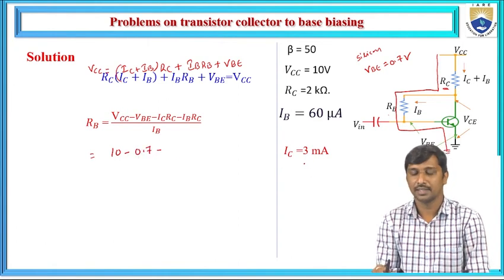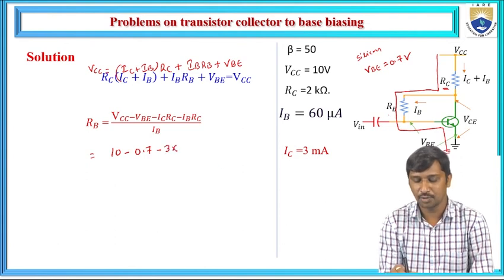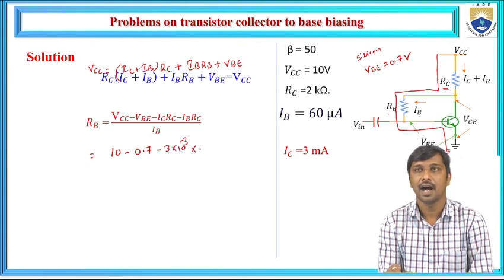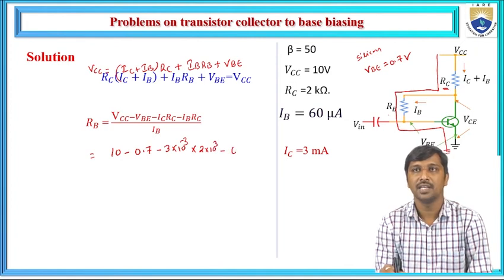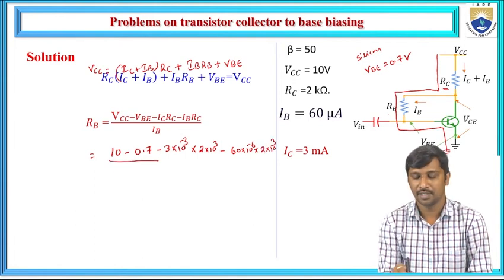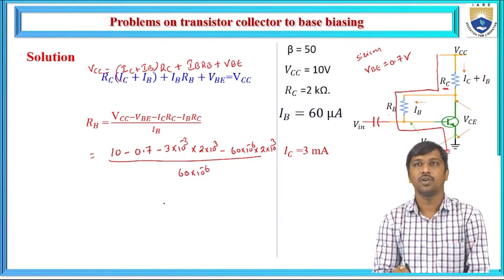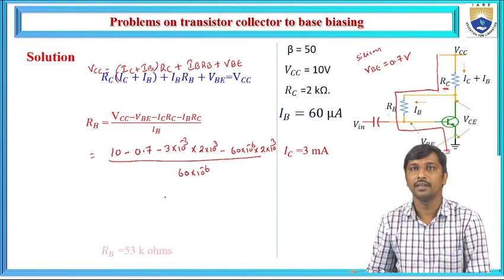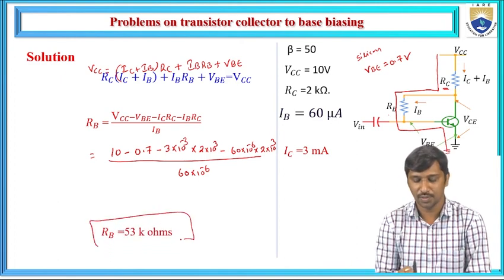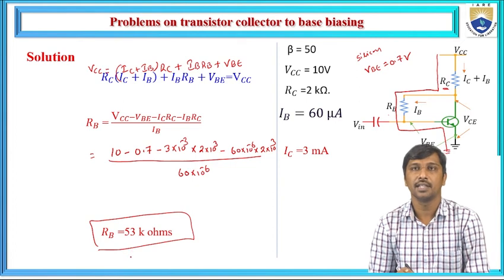Just now we got the collector current as 3 milliamperes, 3 into 10 to the power of minus 3. RC is 2 kilo ohms, 2 into 10 power 3, minus IB, 60 microamperes, times the collector resistance 2 into 10 power 3, divided by IB, 60 into 10 to the power of minus 6. If you solve this ratio, it gives RB equal to 53 kilo ohms.